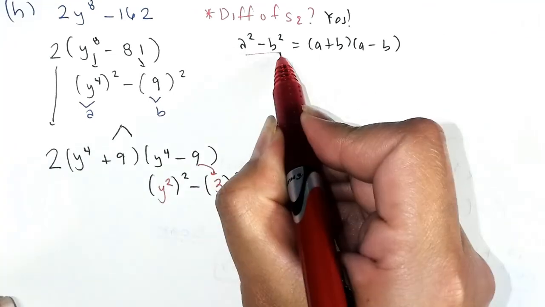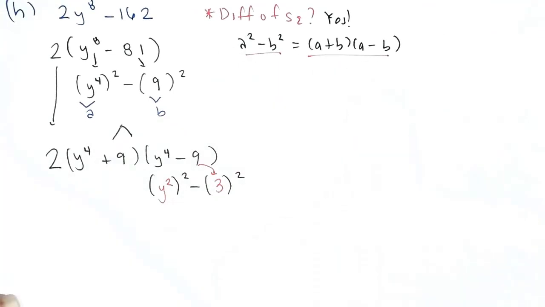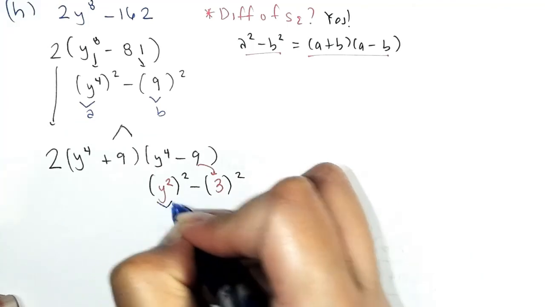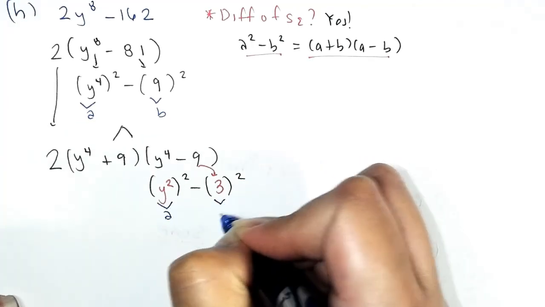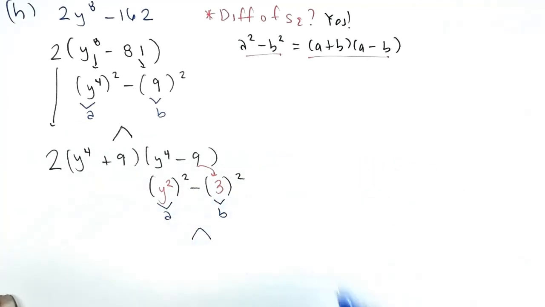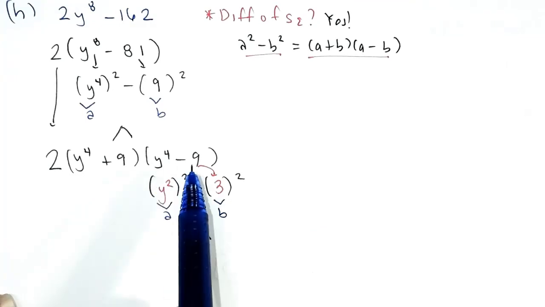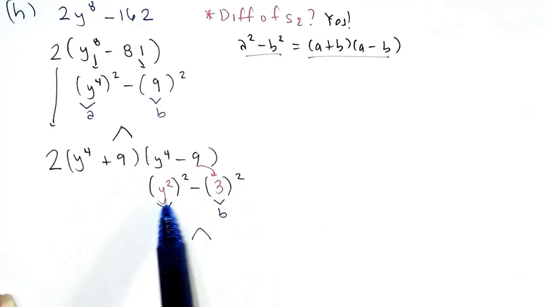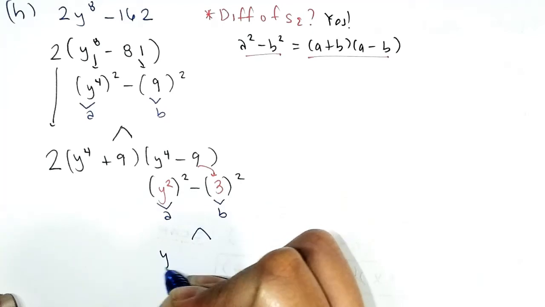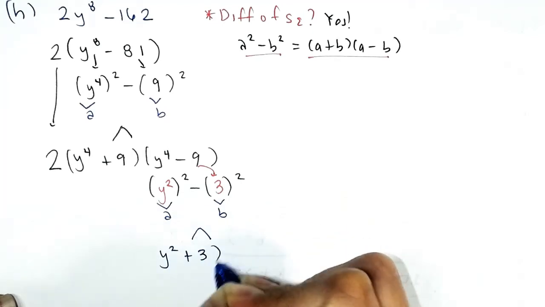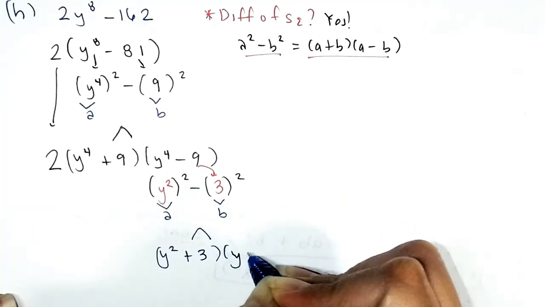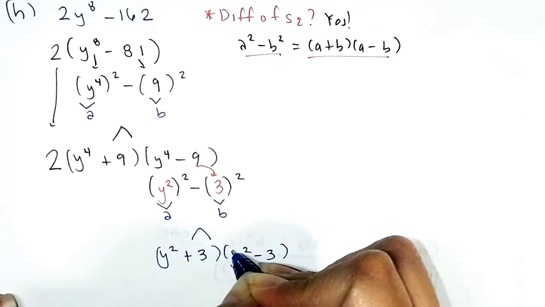So again, if this is our question, that's our answer. The first base is y squared and the second base is 3. So the y to the fourth minus 9 should factor to y squared plus 3 times its conjugate, y squared minus 3. Okay, that's like the ugliest 3 ever.